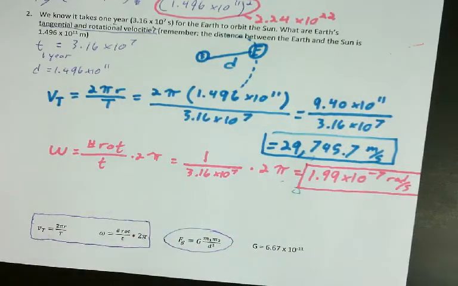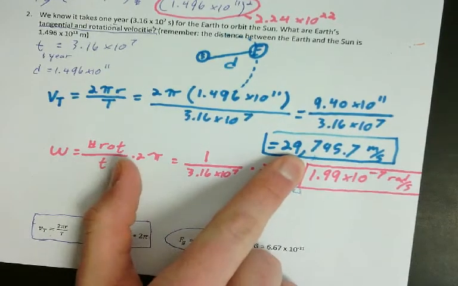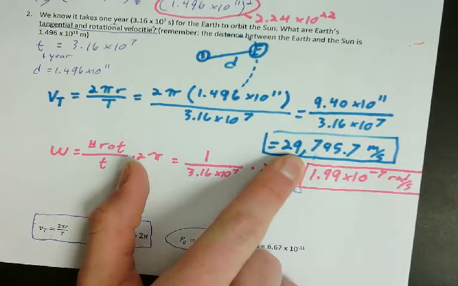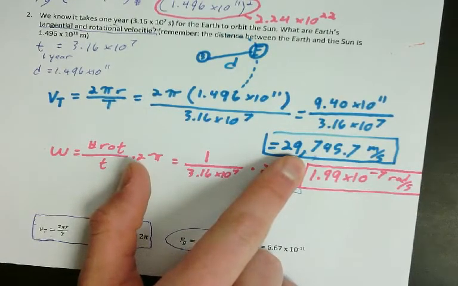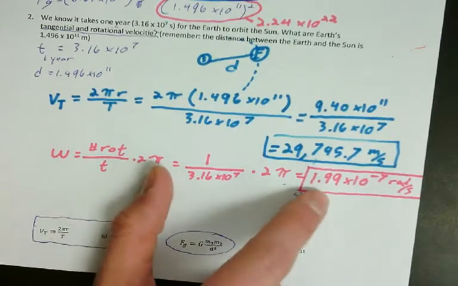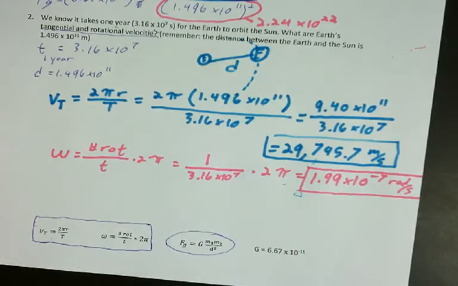Now, you might be saying to yourself, Mr. B, how can one number be so large and the other number be so small? Here's why. This is a straight line speed. The Earth has to go really fast to go around the sun, or it would crash into it. However, this is an angular measurement. How much of an angle does the Earth travel per second?